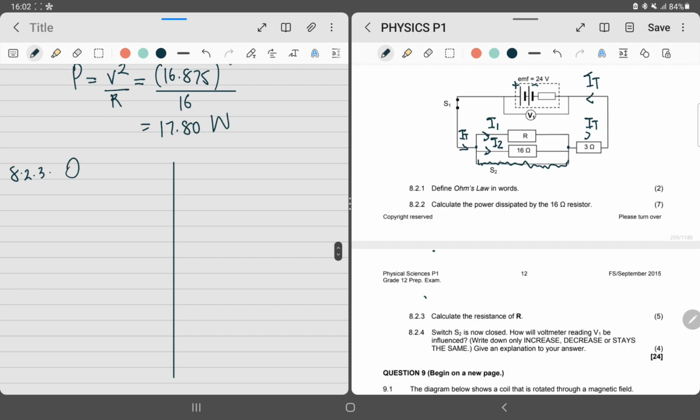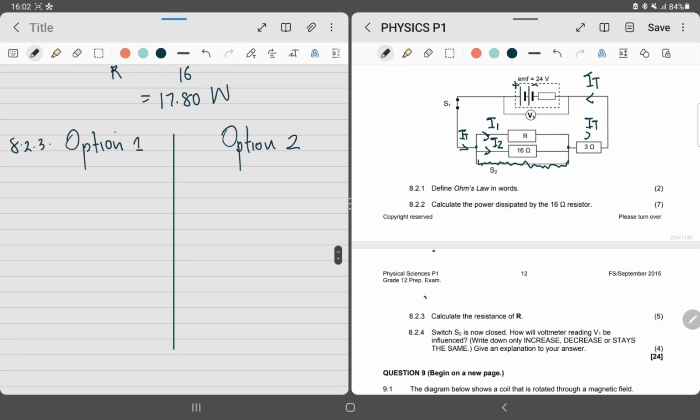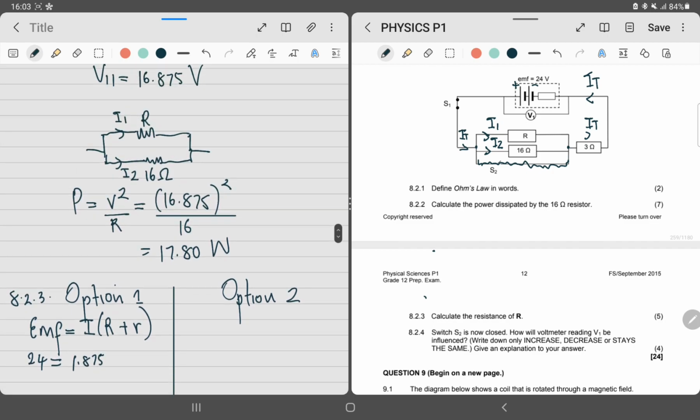Okay, we have option 1 and we have option 2. In the first option, we will use EMF must be equal to the current times the external resistance plus the internal resistance. The EMF is 24. The total current is 1.875.